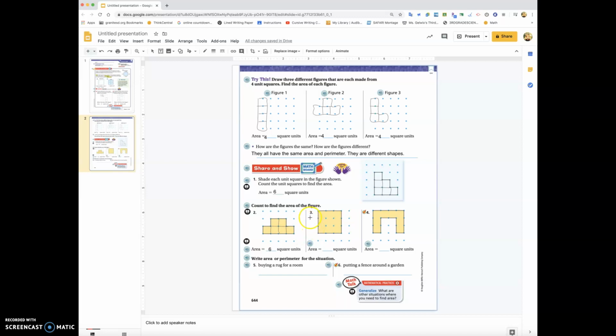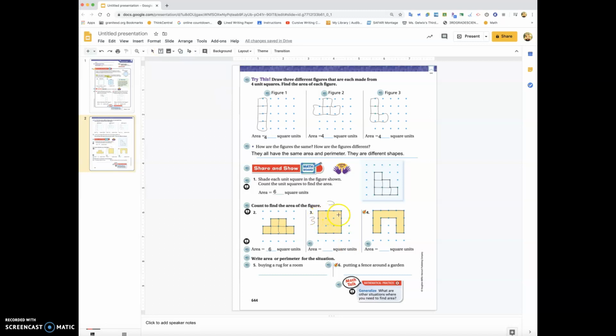So if you look here, 1, 2, 3 rows, just like we learned. Row 1, row 2, row 3. And how many are in each row? There's 3 here. So you have 3 times 3, which is a total of 9.